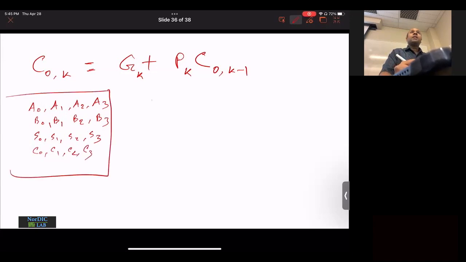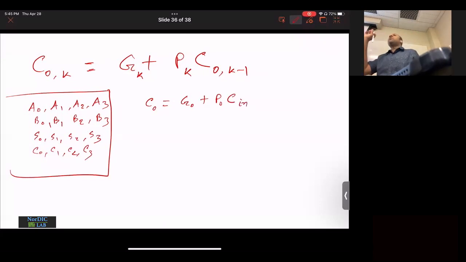Let's first calculate the first carry out, which will be generate of that first stage. 0 means first bit, by the way, you know, 0, 1, 2, 3. 3 is the fourth bit. Propagate of that stage and carry of the actual input, the real carry in, the primary carry in, which is often 0, by the way, as you know, right?